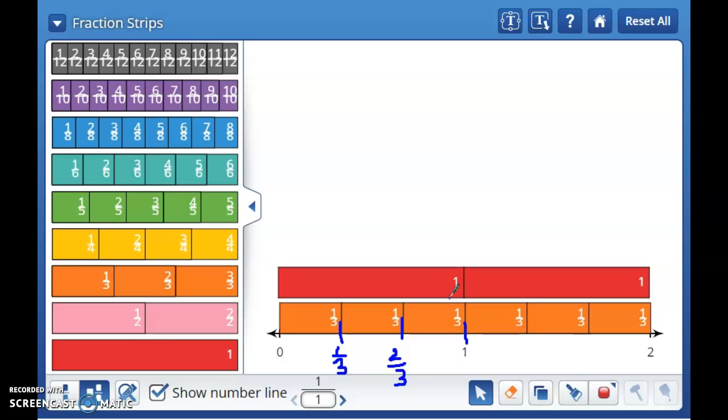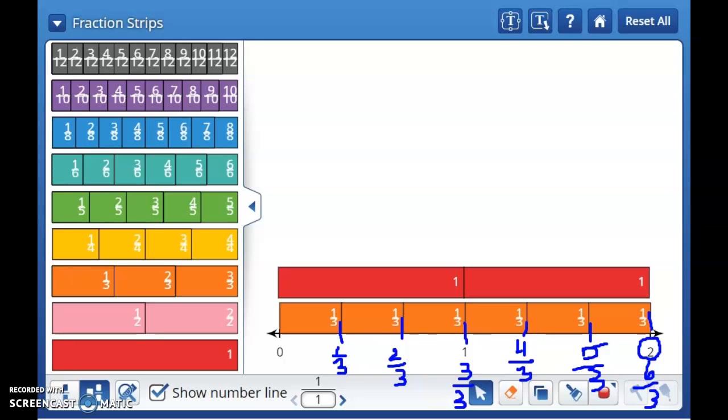Now here is 1 whole, or 3/3, 4/3, 1, 2, 3, 4/3, 5/3, and right here would be 6/3, which is equivalent to that whole number 2.